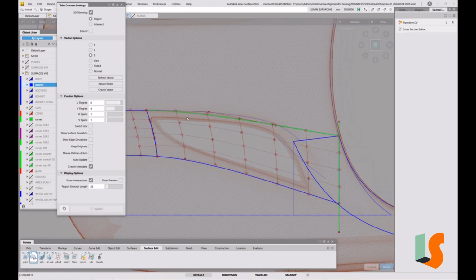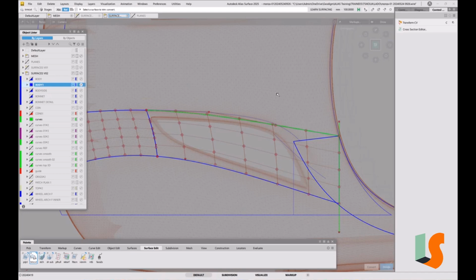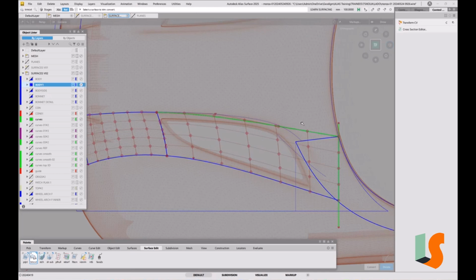So by extending it and then doing a trim convert, I've basically not changed the shape of this surface at all. I will be changing the shape of the surface, but at the moment I'm not changing it. The other thing that I've fortunately done right here is that I've got, you see the curve on surface there, which is where the detail comes in.